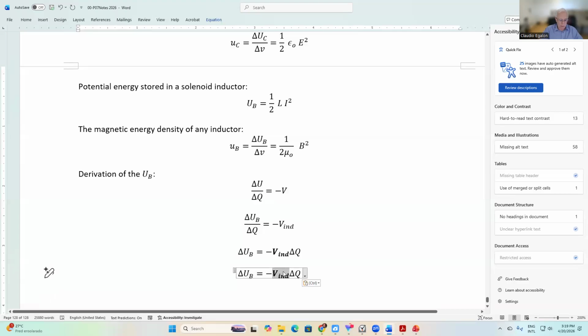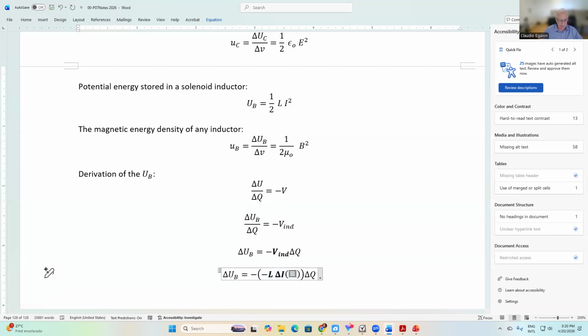Faraday's law is going to read like minus L delta I over delta T. Don't forget the I must be variable in time, otherwise we are not going to have the phenomenon of induction.